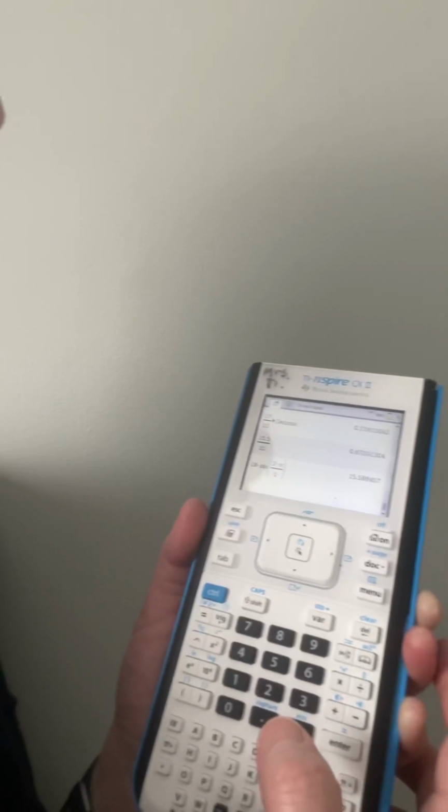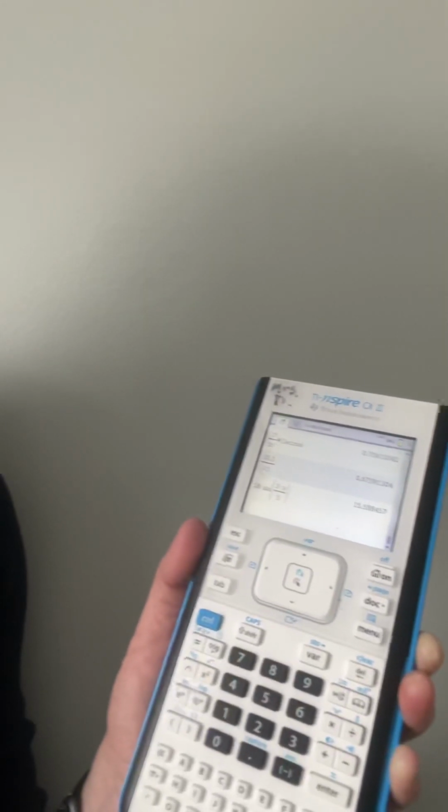And there's our answer to that part. So 15.588457. Remember, we're going to leave a lot of decimal places until the end. Once we are familiar with the unit circle, we'll actually be able to do this question without a calculator.